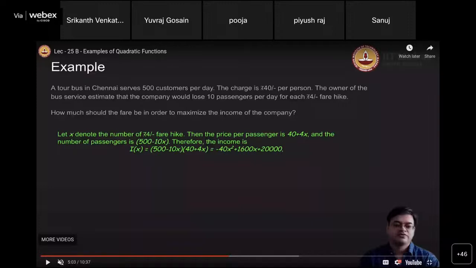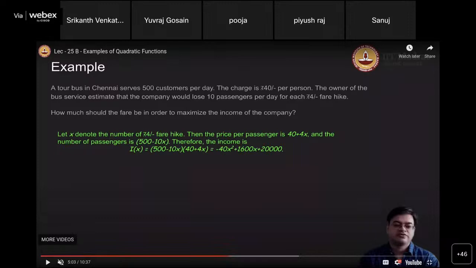So if I don't know that, I will treat it as x. So x denotes the number of 4 rupees fare hikes. 2 hikes means I am increasing 8 rupees. 3 hikes means 4 plus 4 plus 4, 12 rupees, and my total charge will be 52, like this.